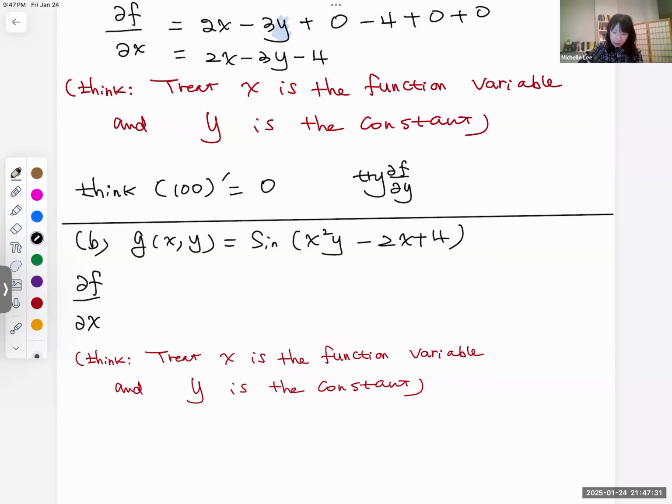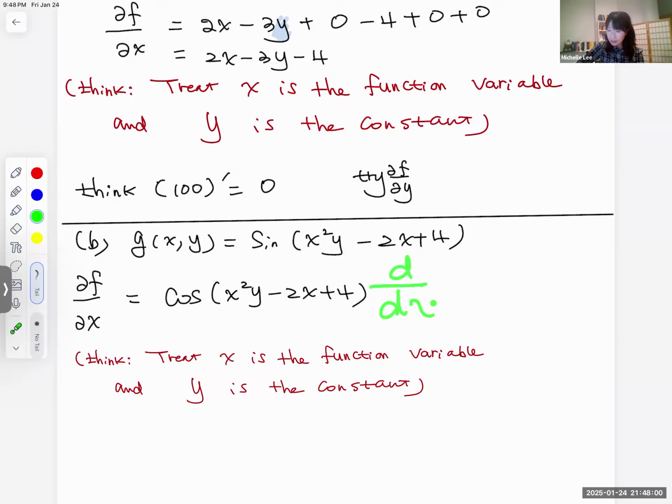All right. So we want the derivative of sine. What do you get? It's cosine. Good. We need to write down whatever is inside, and the chain rule, right? So we denote the notation like this. Normally we use d over dx, but we want to make a partial derivative.